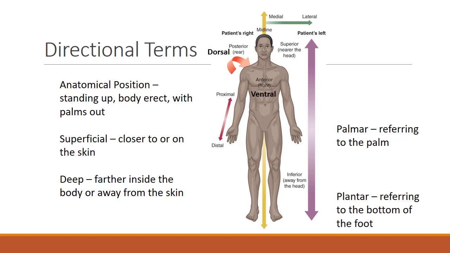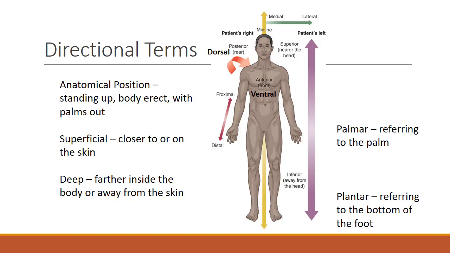The next term is deep, which means farther inside the body or away from the skin. So this can be, for example, a deep laceration, which might be done with a very sharp knife, and you can have a very deep laceration that goes far away from the outside of the body toward the inside.